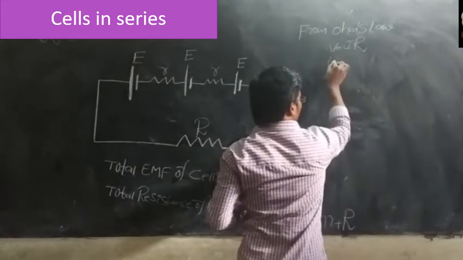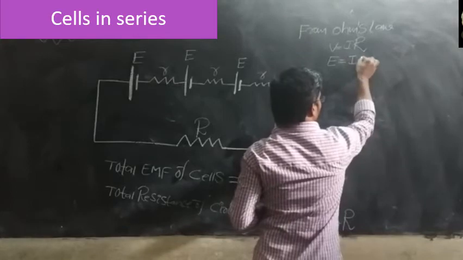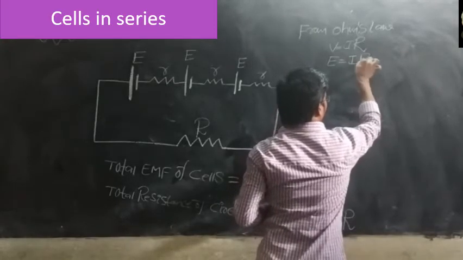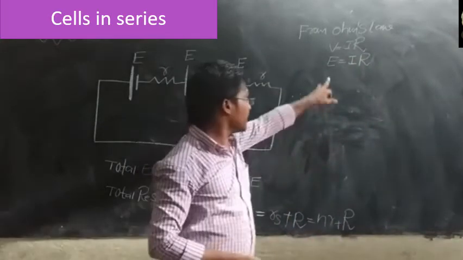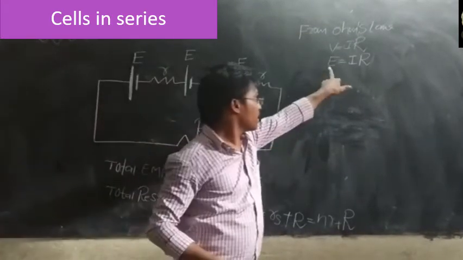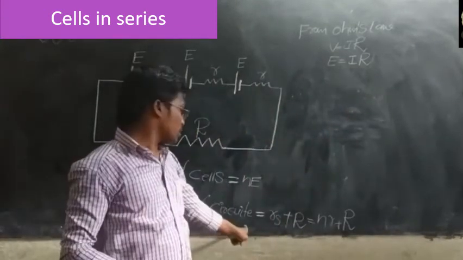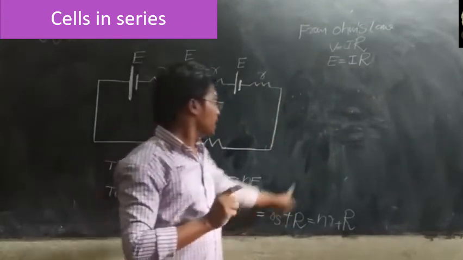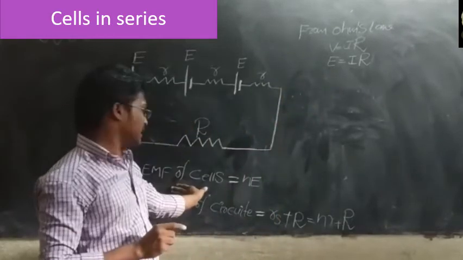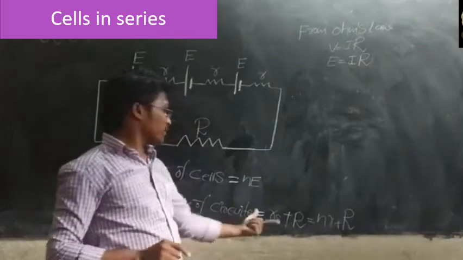So E is equal to I into R. Here E is the total EMF of the cells, I is the current and R is the total resistance of the circuit. Remember, E is the EMF of the cells and R is the total resistance of the circuit.